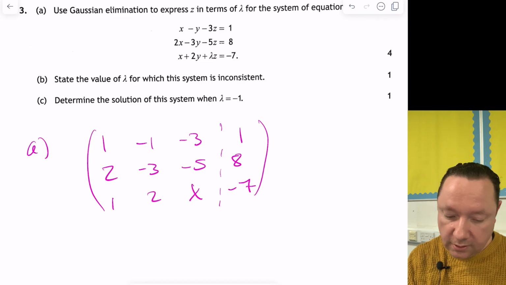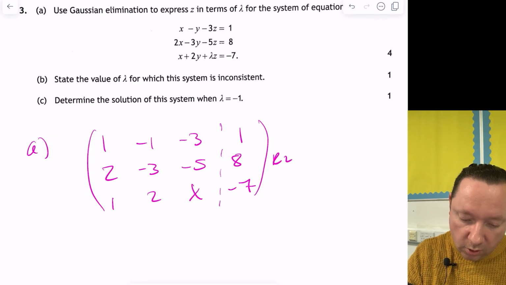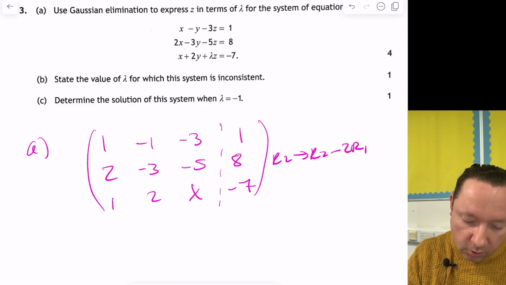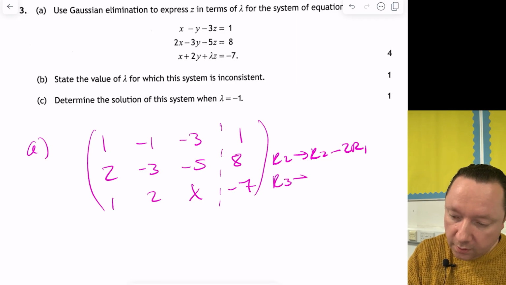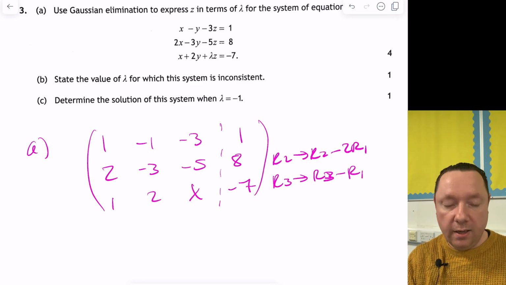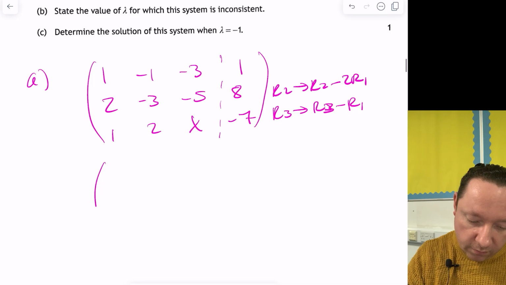And what I've done is I've said that row 2 is going to become row 2 minus 2 row 1, and simultaneously row 3 becoming row 3 minus row 1, just to get my zeros in the left-hand side. So we've got 1, minus 3 and 1.